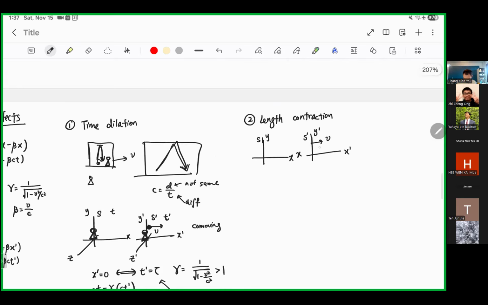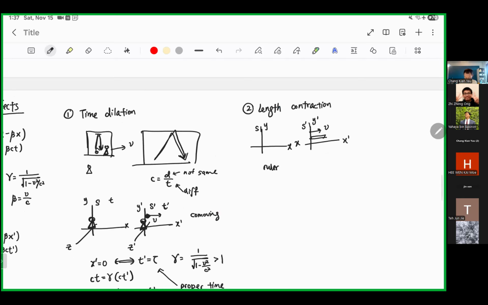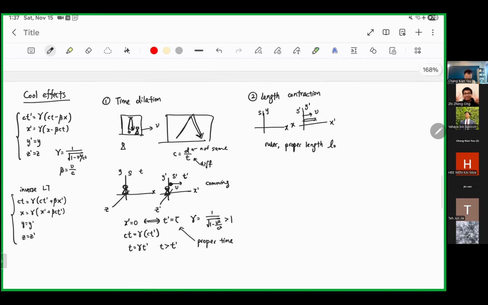let's say I have something that has a length, let's say a ruler with length, I can write proper length, L naught. So we defined proper time just now, right?